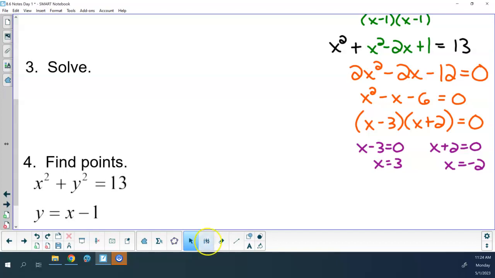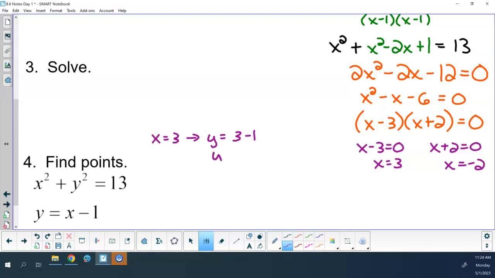So I take, first off, x equals 3, and I plug it back into either one of these two original equations. Which one do you want to plug it into? Bottom one. Make it easy on yourself. So then that's going to become y equals 3 minus 1. 3 minus 1 is 2.